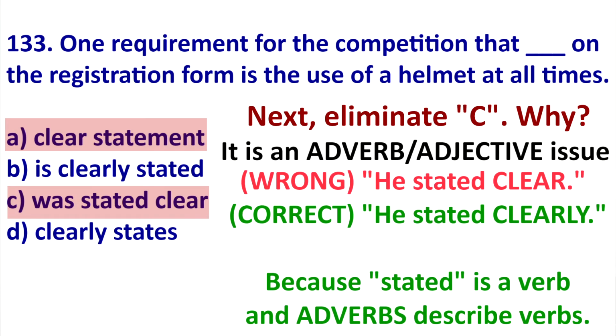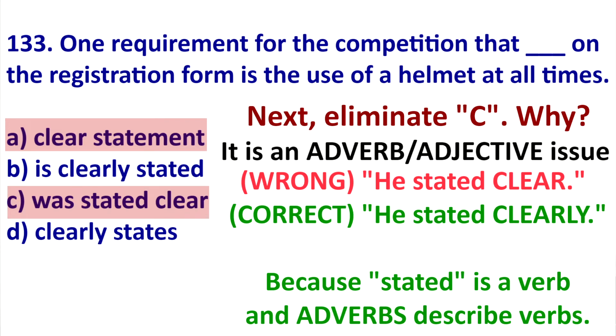But if I say, he stated clear, that would be incorrect. I need to say, he stated clearly, because this is describing state. This is describing the verb. This is an adverb, like he states clearly, he runs quickly, he talks quietly. This is describing the action.